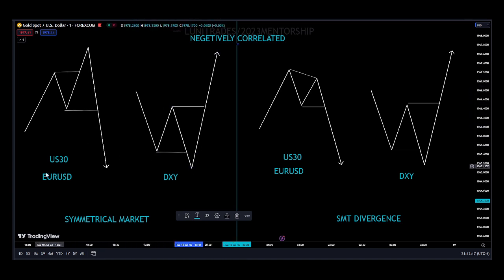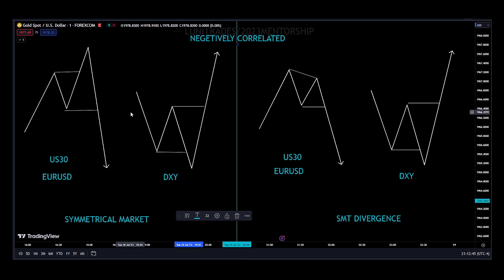Same thing with Euro USD and DXY. If US 30 is raiding the high, you want DXY to be raiding the low. That's a symmetrical market, but it's negatively correlated because they are opposite to each other.